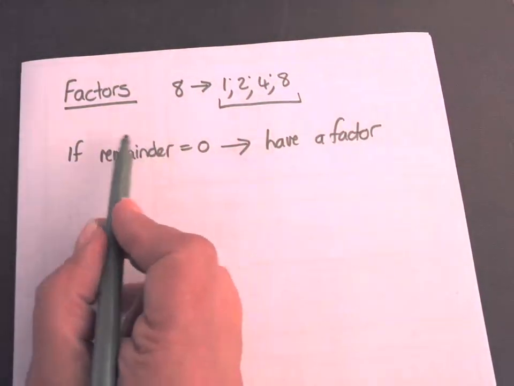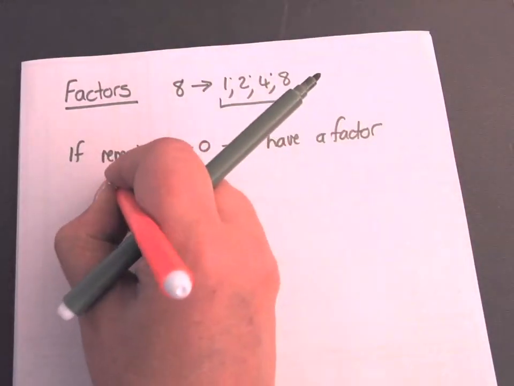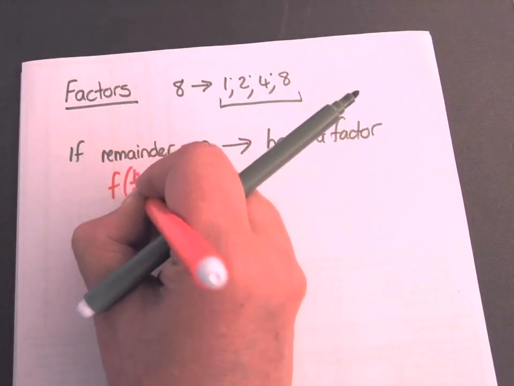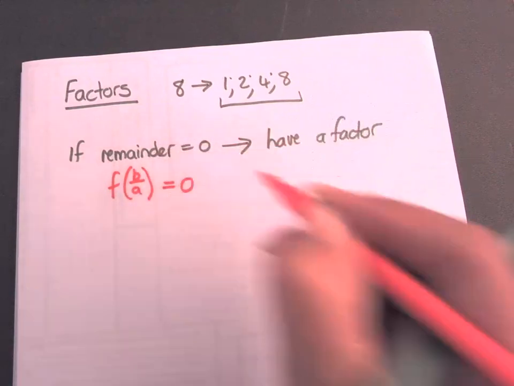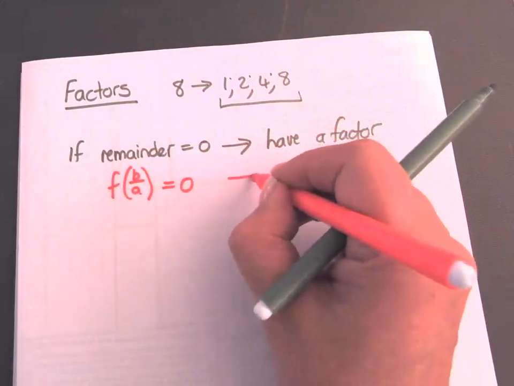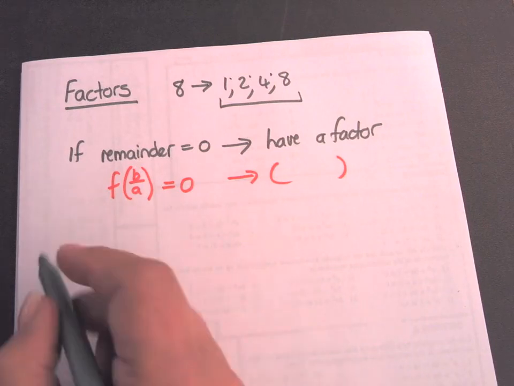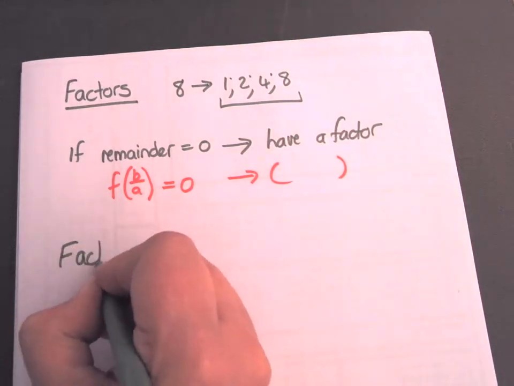What is the formula for remainder? f of b over a. And if that is 0, then it means that this is a factor of f(x). Okay. Let's look at the factor theorem.